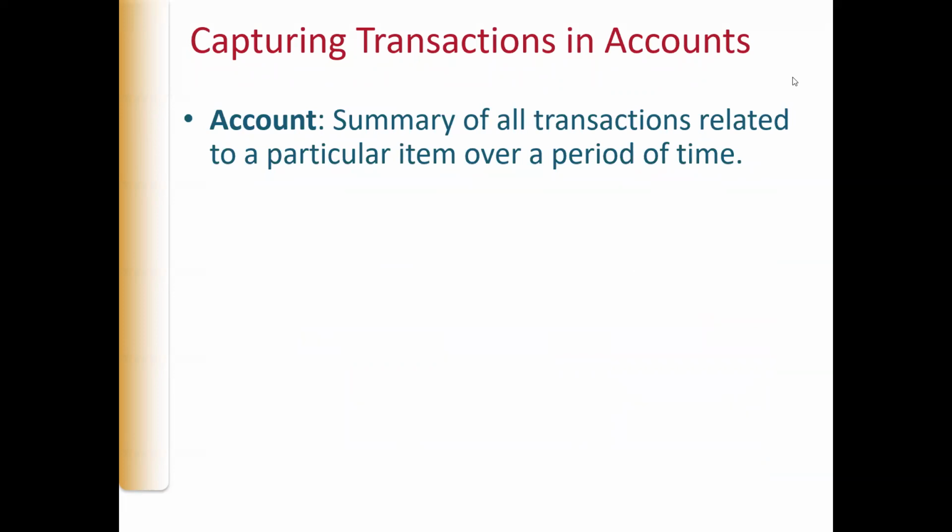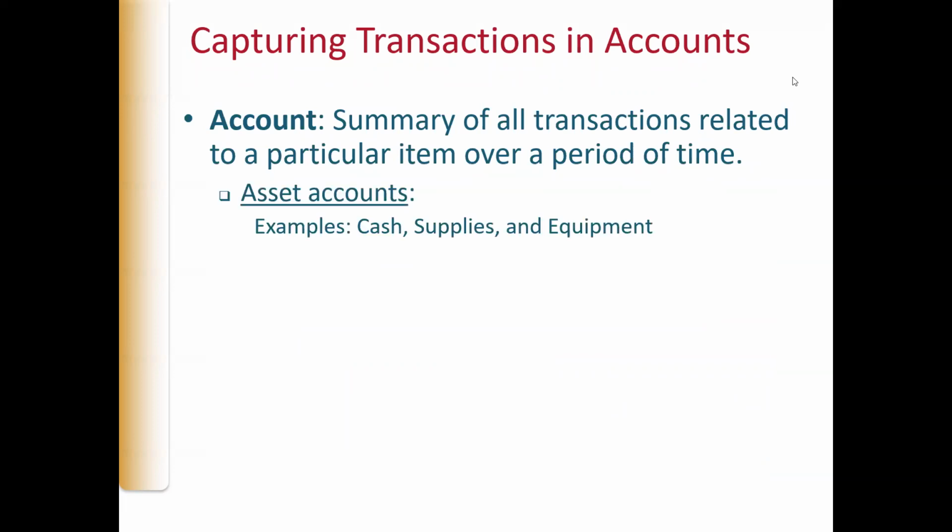Let's start by understanding certain concepts. We put various activities or transactions into specific accounts. An account is a summary of all transactions related to a particular item over a period of time.